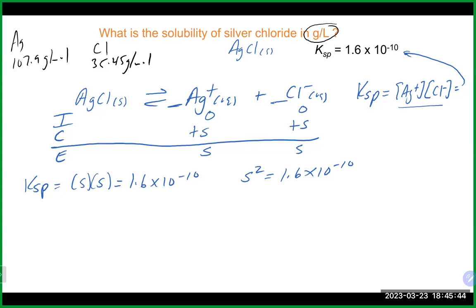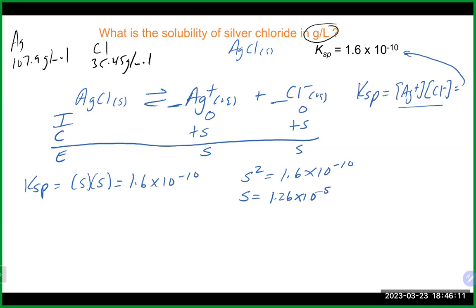I just need to do a little square root action on both sides to solve for it. The square root of 1.6 times 10 to the minus 10 is going to give us an S value of 1.26 times 10 to the minus 5 in this case. Any questions on that there?